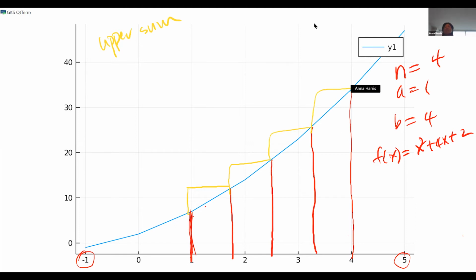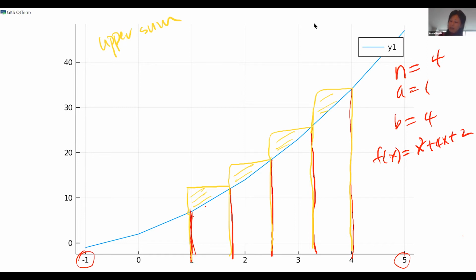As you can see, I'm getting more area than the real true answer. The true answer is the blue line. So I'm getting more than that. So I have these rectangles. Okay, these are the upper sum.